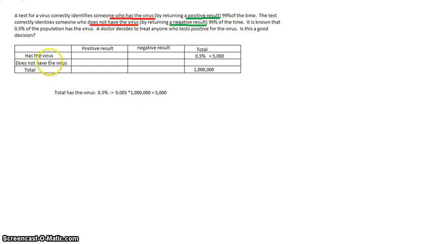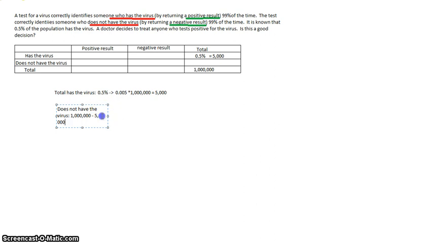Now, how many people do not have the virus? Well, all I have to do is look. Overall, there's 1,000,000 people that are in this test. So all I have to do to find out who does not have the virus is take 1,000,000 and subtract 5,000.